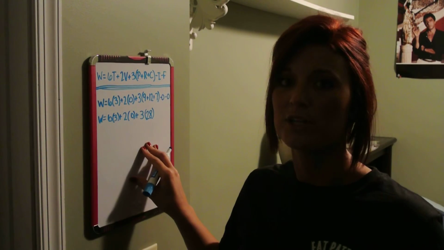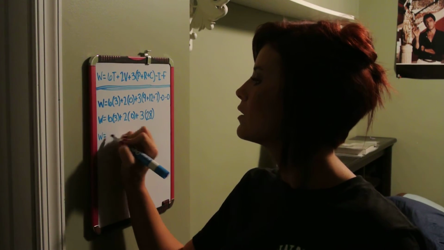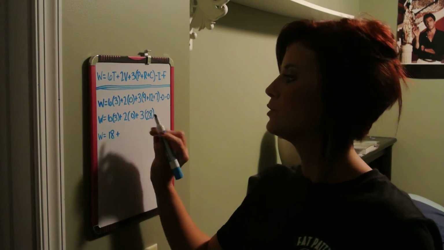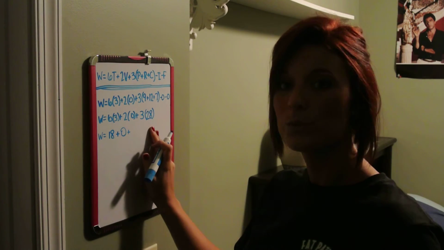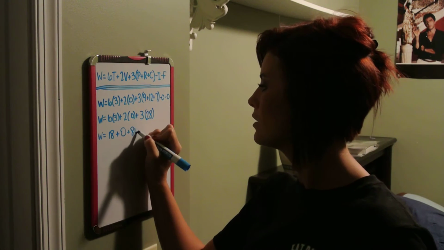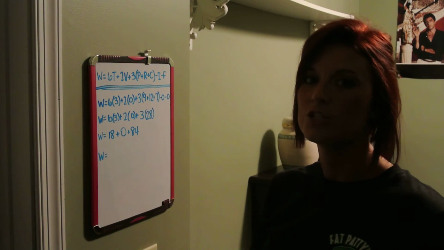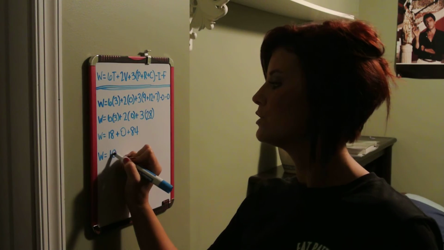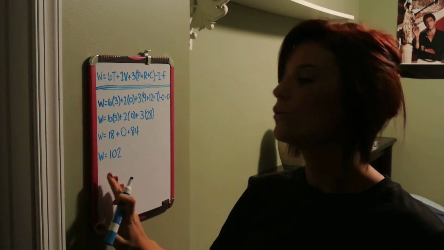Next in your order of operations is multiplication. So 6 times 3 is 18. 2 times 0 is 0. 3 times 28 is 84. And then the next step is to just simply add those. And 18 plus 84 is 102. And so 102 is going to be your total number of points.